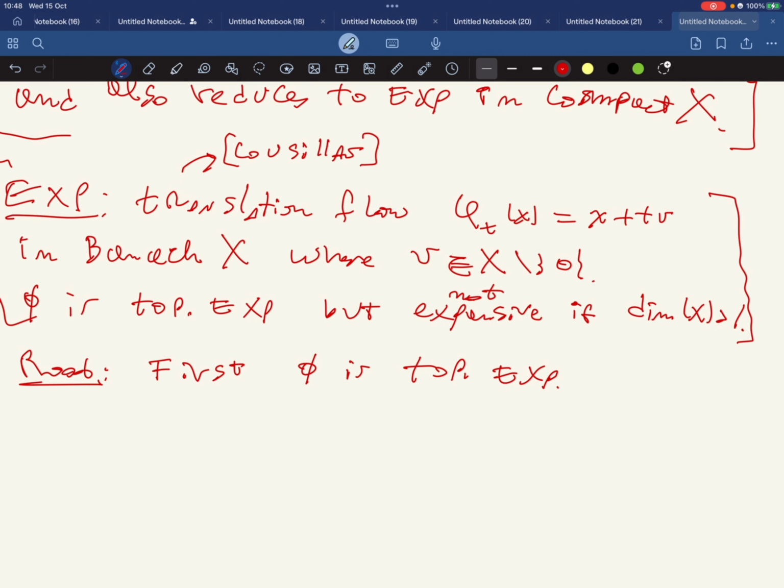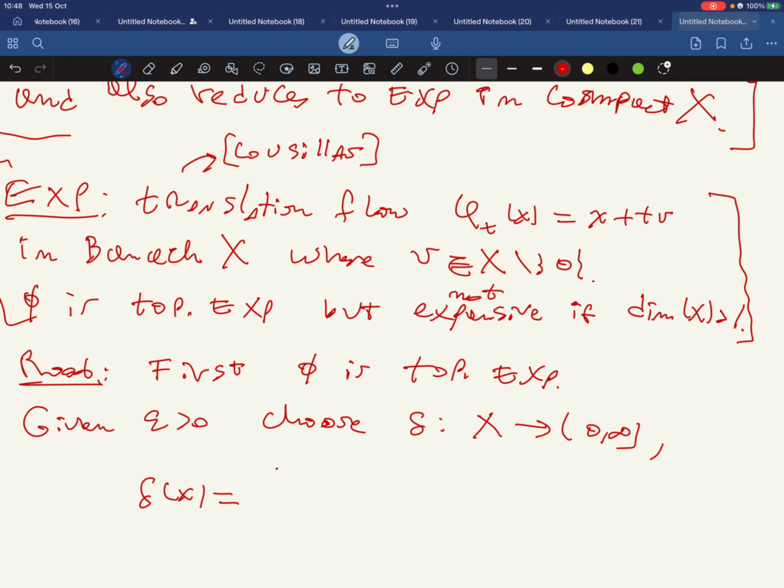For that, given epsilon positive, we choose delta from X to 0 infinity. This delta is defined in this way: one half the norm of the vector b multiplied by epsilon multiplied by the norm of x, for every x in X.